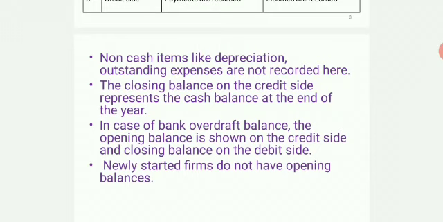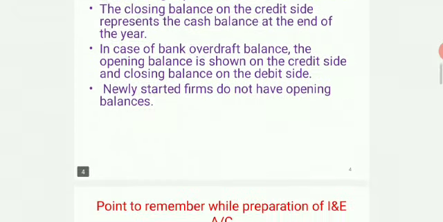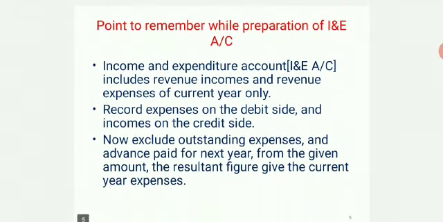The closing balance on the credit side represents the cash at the end of the year. In case of a bank overdraft balance, the opening balance is shown on the credit side and the closing balance is shown on the debit side of the receipts and payments account. Newly started firms do not have an opening balance of cash or bank.